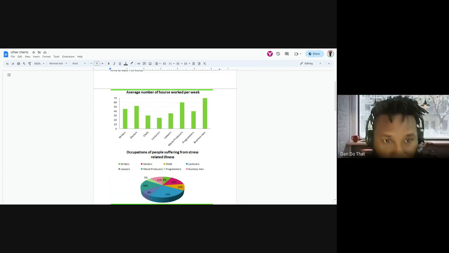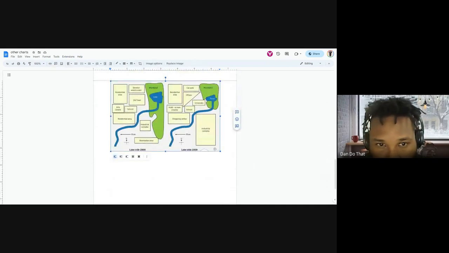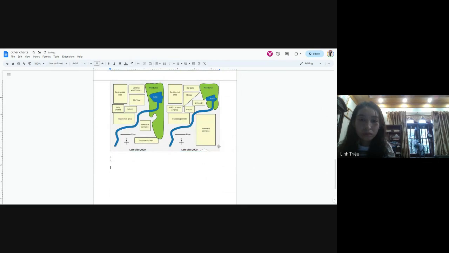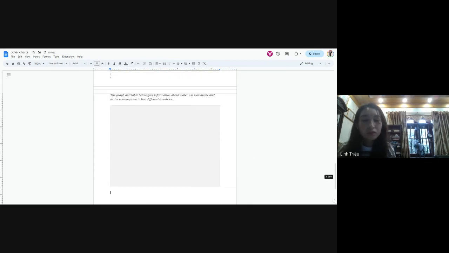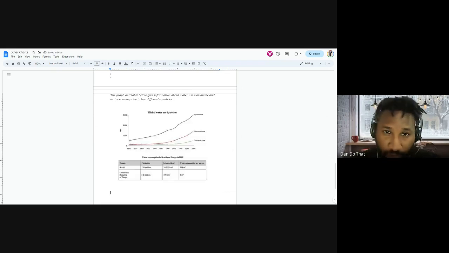All right, here we go. So down at the very bottom of this document, there's a new writing task. The graph and the table below give information about water use worldwide.